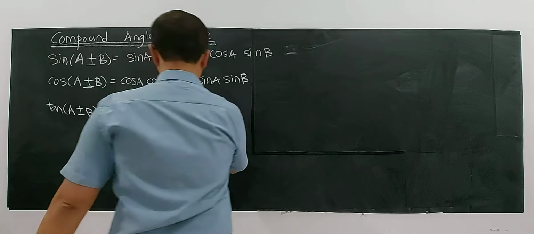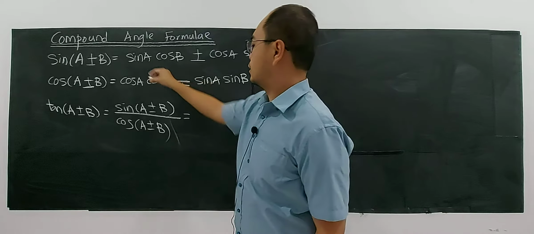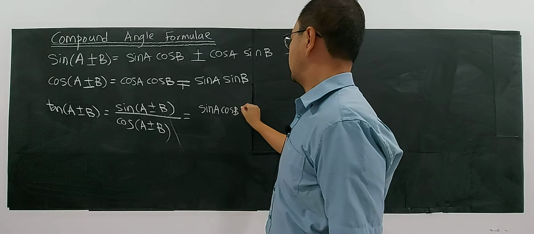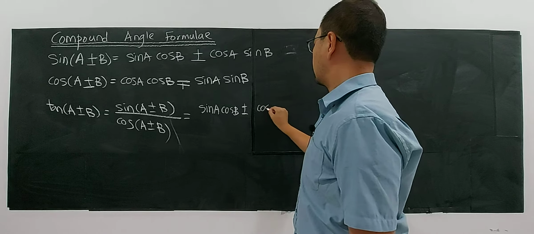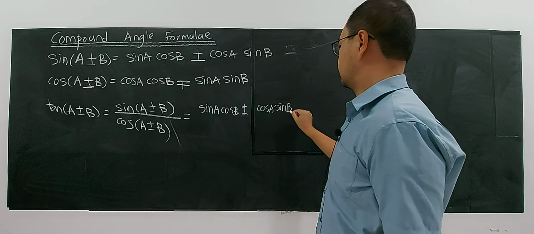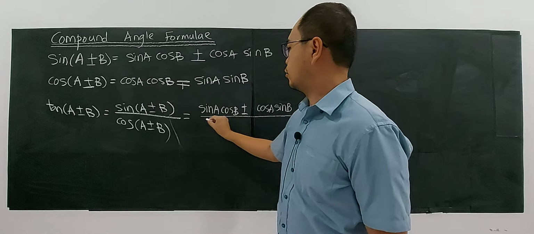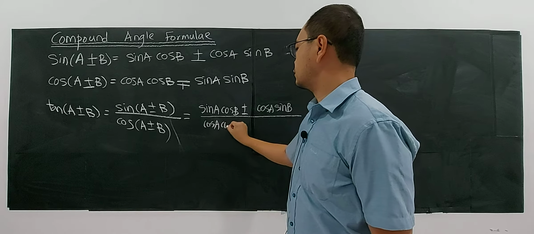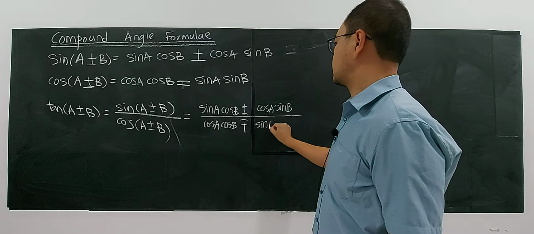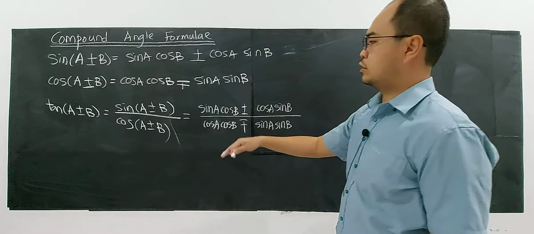So then we can rewrite this whole thing as sine A plus minus B, which we know will be sine A cos B plus minus cos A sine B, divided by cos A plus minus B, which is cos A cos B negative positive sine A sine B, right? Means the tangent will be this one or this one.